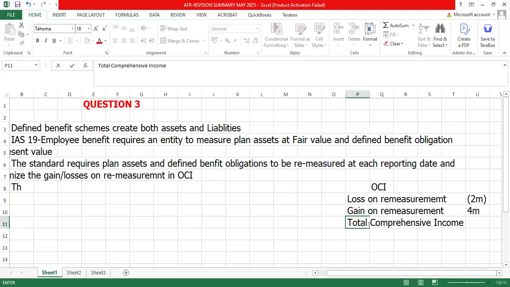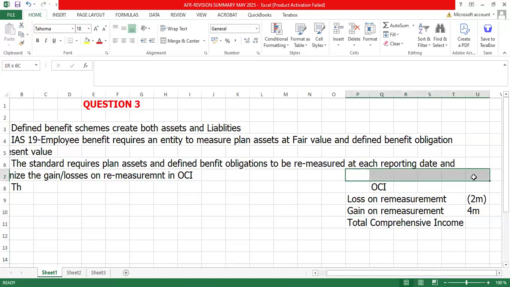How do you get total comprehensive income? You take what you have, it could be profit for the year or loss for the year, then you add what you have under OCI. The total you will get is total comprehensive income. Is it clear? Yes, it's clear.